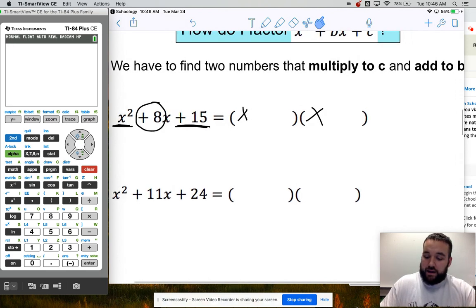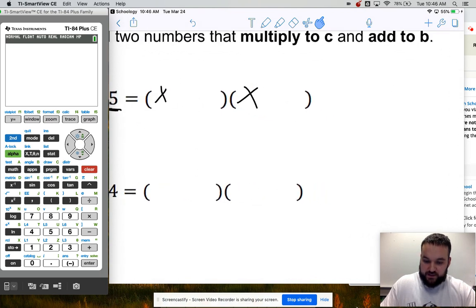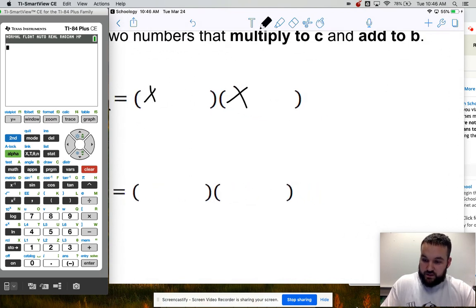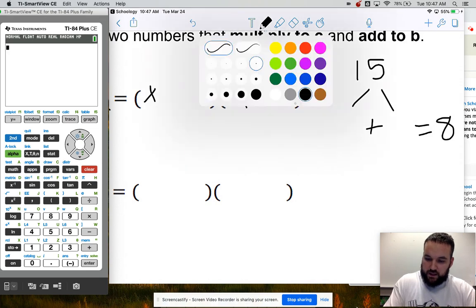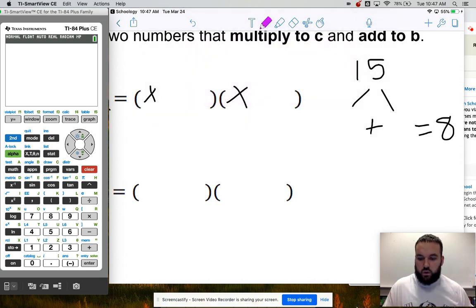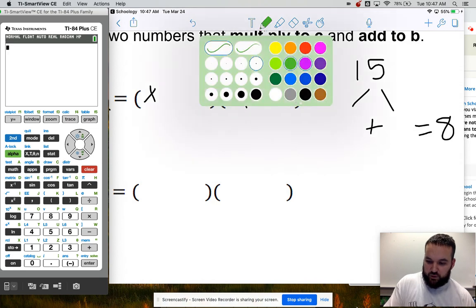A lot of teachers have different ways of doing this. I know your intermediate algebra teacher, if it's not me, probably shows us a different way. What I like to do is put the C value up top, so 15. I need two numbers that multiply to 15, so I'm going to make a little factor tree. But when I add those factors together, I have to get 8. I picked an easier number combination to start with because this is the first time we're doing this.